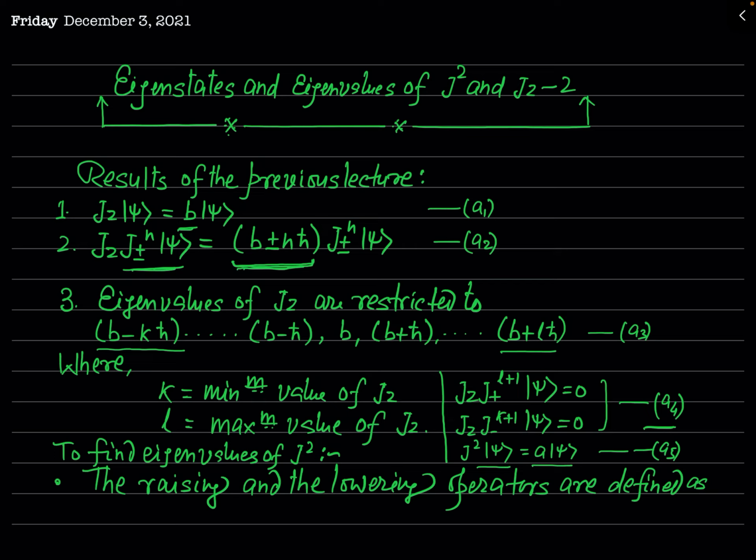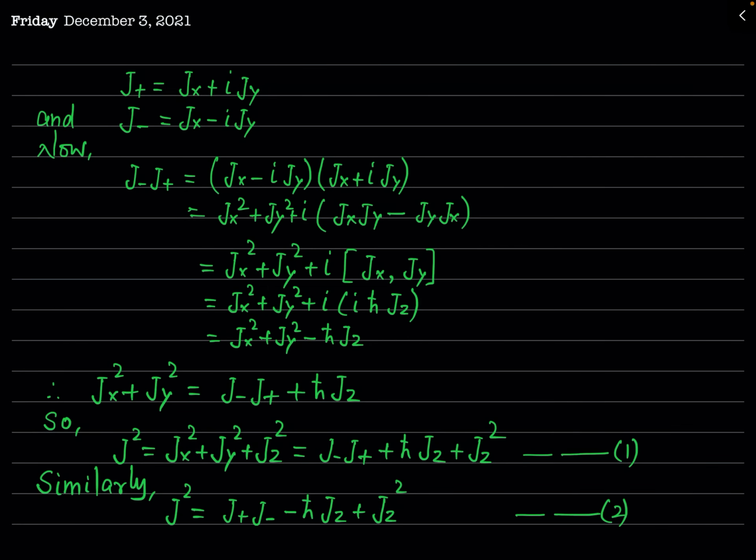Now to get the eigenvalues of the operators J squared and Jz, we will see again the effect of the raising and lowering operators. You have studied these two operators in the previous lecture, so you know how they are defined.